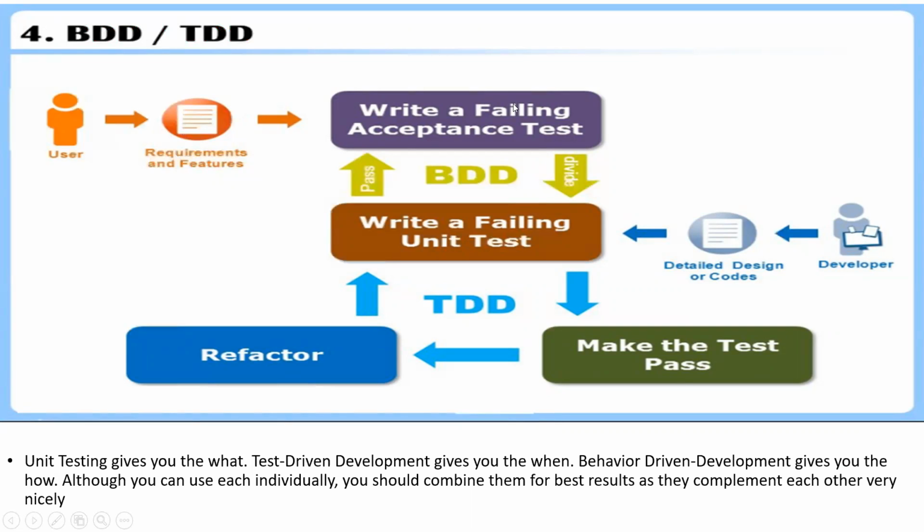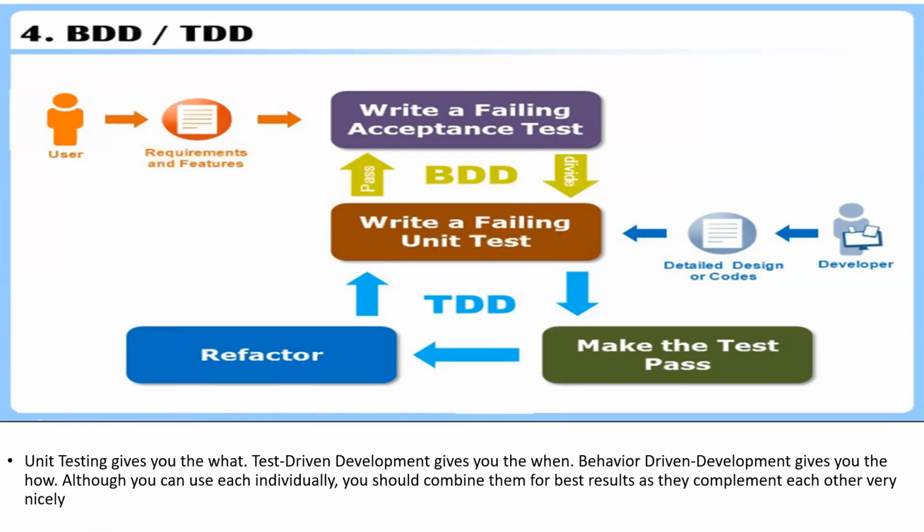Okay, unit testing gives you the what. Basically, if you write a unit test, it tells you what your code is doing or what your function is executing. You will know that benefit. Test driven development gives you the when.